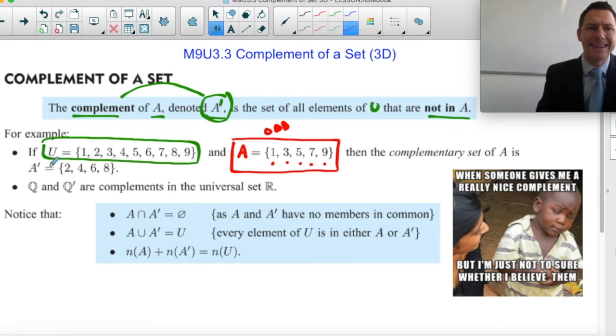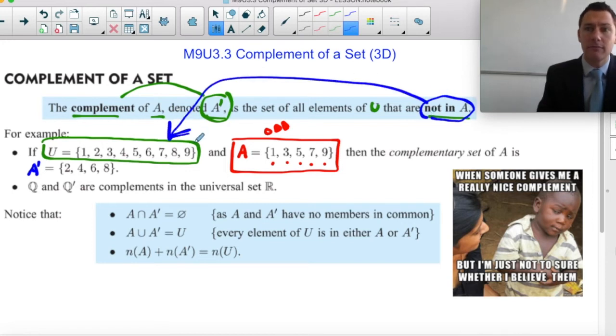Therefore, the complement of A is everything that's not A, but is in the universal set. So we said, I want not A, so I don't want 1, I don't want 3, I don't want 5, I don't want 7, I don't want 9, because those are all part of A. I want the complement, which means I want not A. That's why I cross those off.